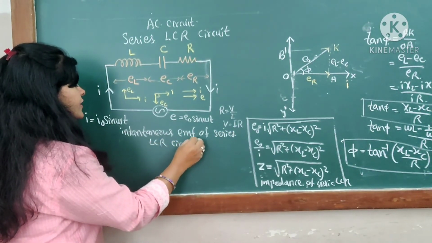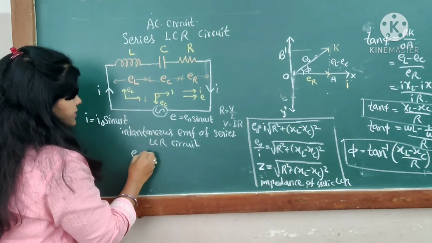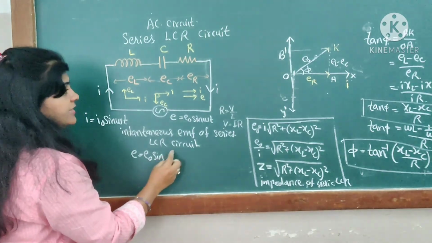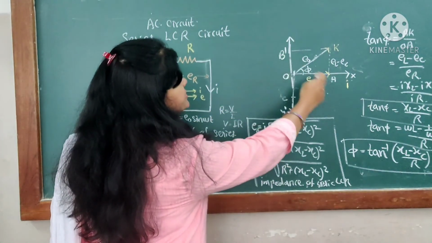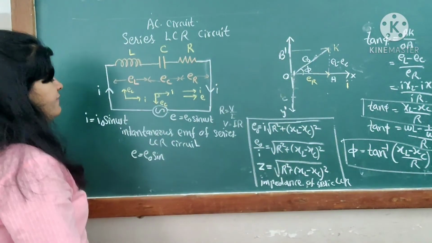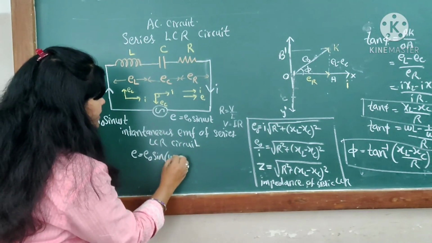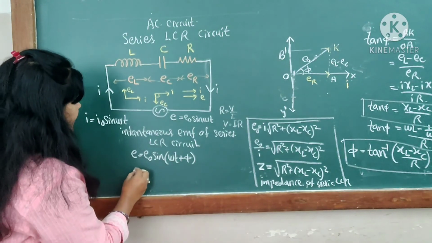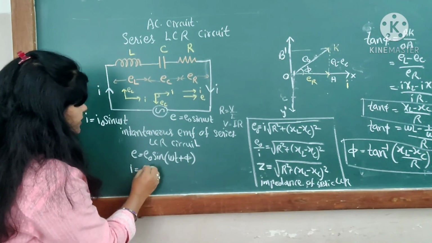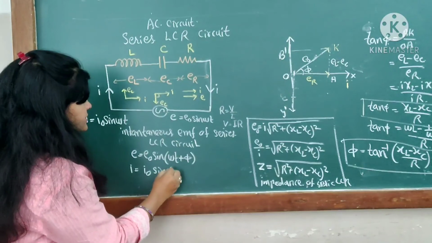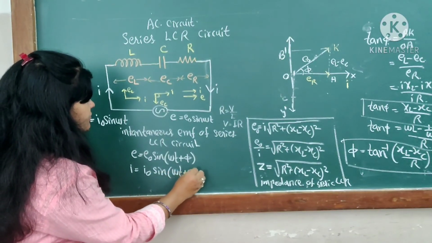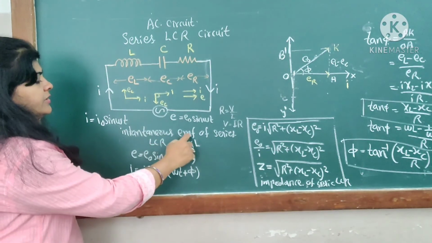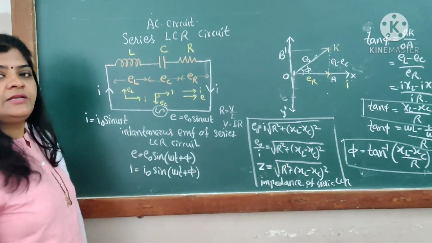The EMF of the series LCR circuit: E is equal to E naught sine, the same as before. The only change is that the EMF leads the current by phi, that's why it is omega T plus phi. The phase angle will be changed, and the instantaneous current I is equal to I naught sine (omega T plus phi). These are the EMF and the current of the series LCR circuit.